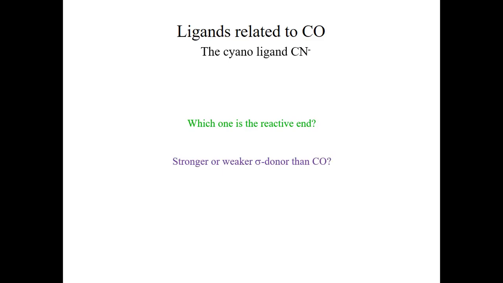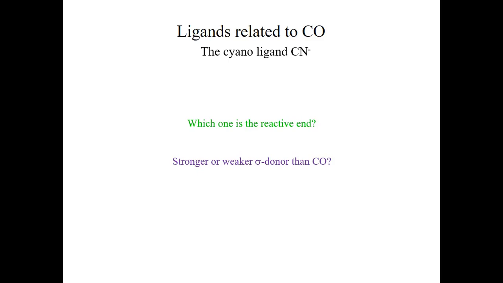So we can also think about, does the cyano ligand have stronger or weaker sigma donor properties than the CO ligand? Now, we can answer this question also relatively easily.